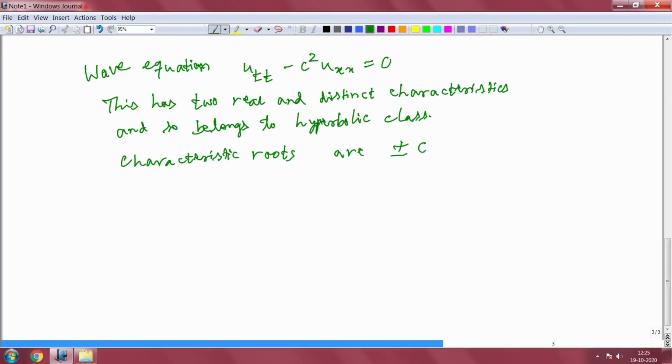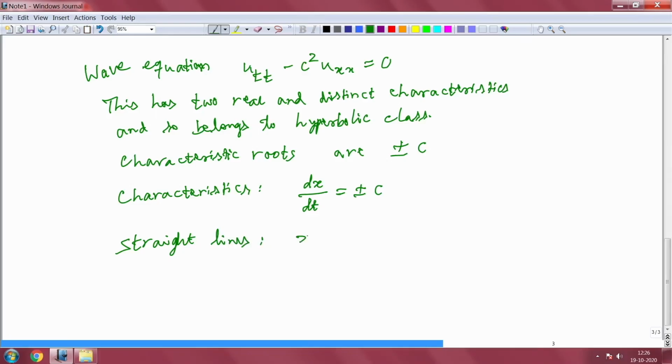Hence, the characteristics are obtained by solving the first order equations, given by dx by dt equal to plus or minus c. These are straight lines, in this case x plus or minus c t equal to constant.